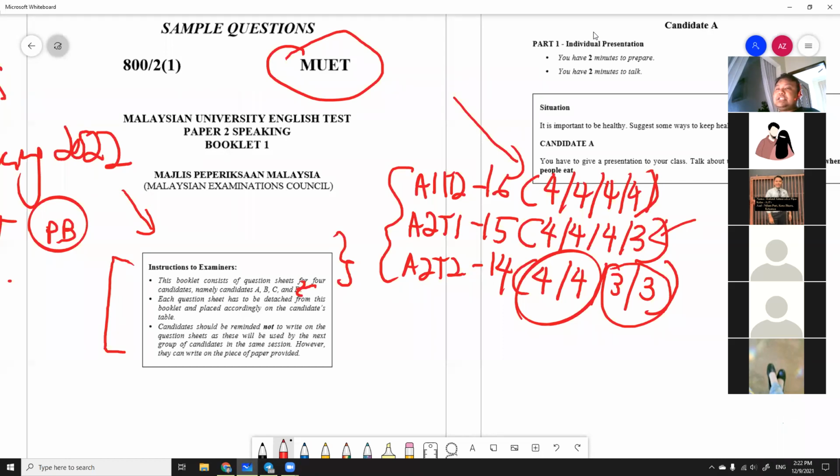Each question sheet has to be detached from this booklet and placed accordingly on the candidates' table. Candidates should be reminded not to write on the question sheet, as this will be used by the next group of candidates in the same session.